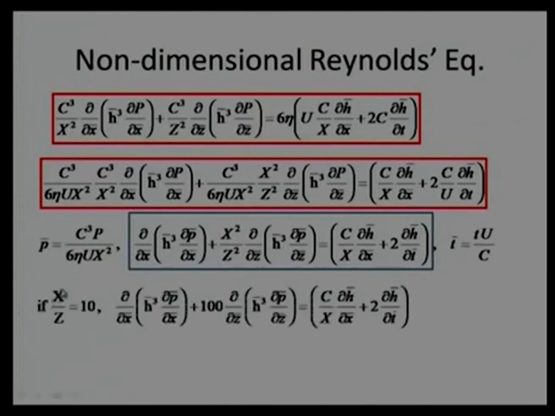Now, the assumption is that if the dimension in the x direction is 10 times the dimension in the z direction, or we say x by z is 10, and I substitute over here, what we are getting is 100. If the first term is 1 unit, this second term has been multiplied by 100. That means this term is very rich compared to the first term.